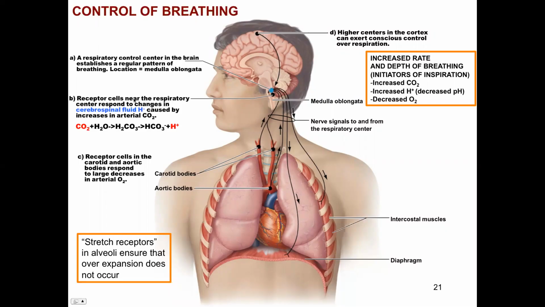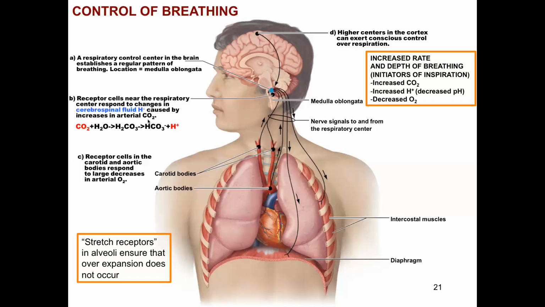So first of all, we have receptors near that location that respond to changes in hydrogen ion concentrations, right? Now remember the equation, right? CO2 on one side, as we build up CO2, we're going to get hydrogen, all right? So in that way, these receptors are actually responding to increases in CO2 because of the byproduct that's made via carbonic anhydrase, that hydrogen.